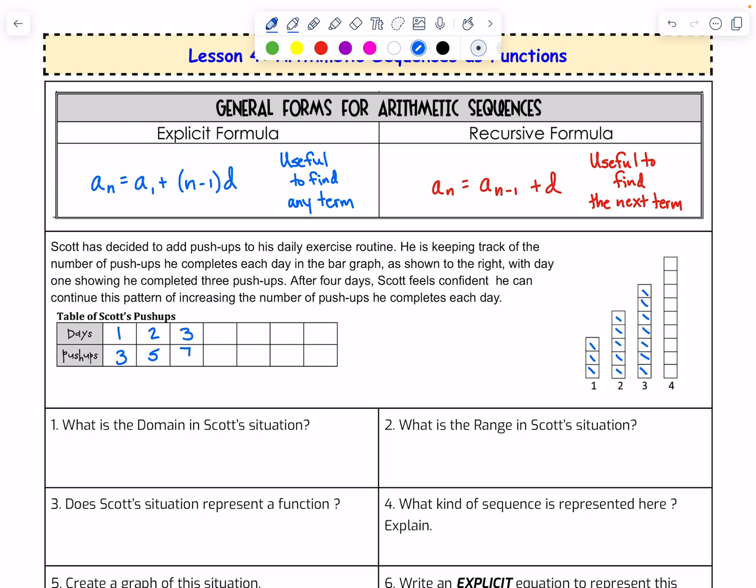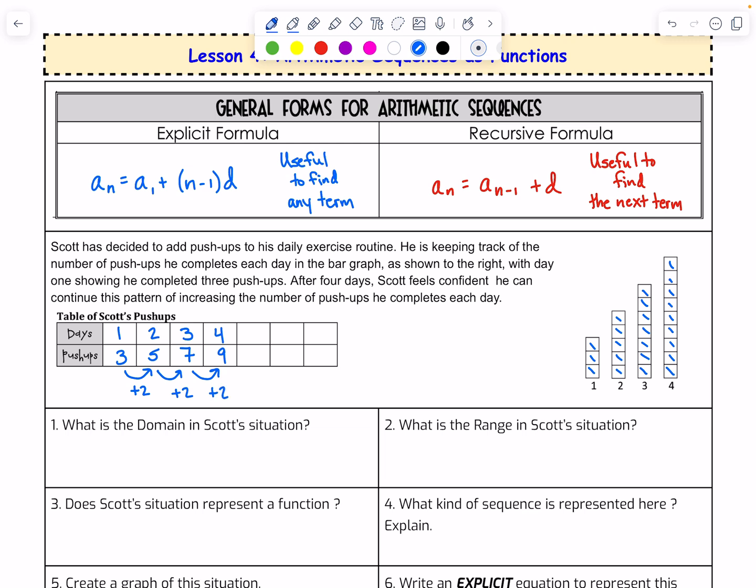So day 3, he completed 7. And then day 4, and what we can see already is each time we're adding 2 push-ups, or we should say Scott added 2 push-ups each day. So 1, 2, 3, 4, 5, 6, 7, 8, 9. So the pattern did continue to add 2 push-ups a day.